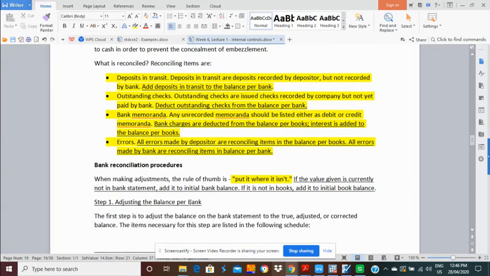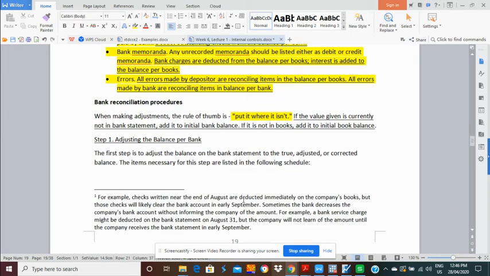So the main principle is that you need to put the adjustment where it is not recorded at the moment. If the value is currently not in the bank statement, you adjust the bank balance. And if the value is in the books but not in the bank statement, then you adjust your books.